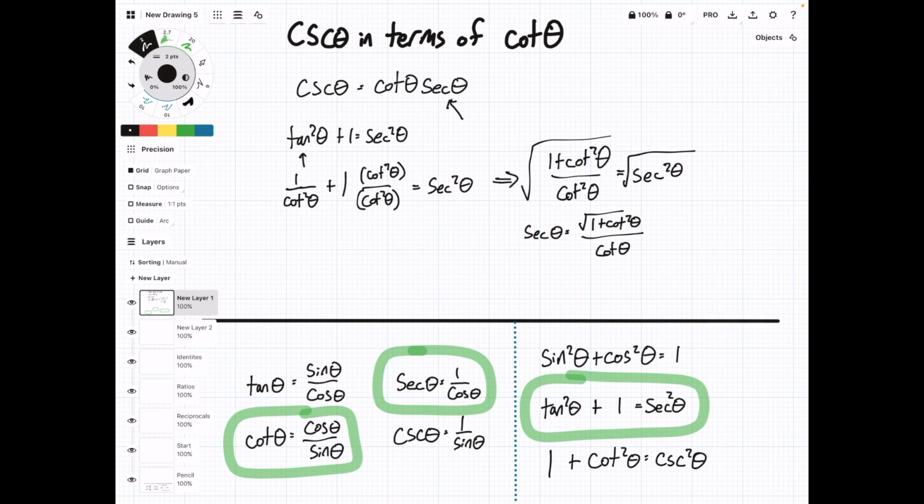So when we do that, we get cosecant theta is equal to cotangent theta times square root of 1 plus cotangent squared theta over cotangent theta. And the cotangents are going to cancel. And actually, when we took the square root here, we need to add a plus or minus. So our final answer is cosecant theta is equal to plus or minus the square root of 1 plus cotangent squared theta.